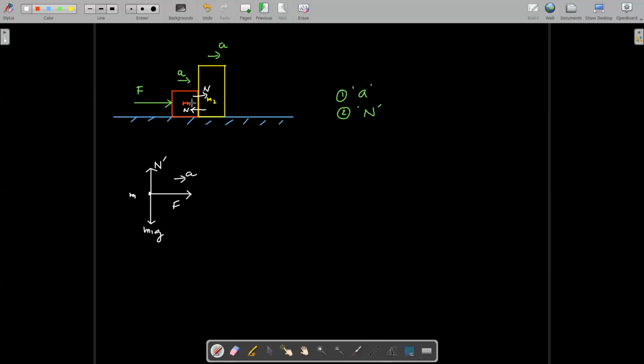No, it is not, right? So there is one more force applied onto m1 by m2. That is the normal force applied by m2, in this direction, and it's N. Okay, so this is m1 in the free body diagram.